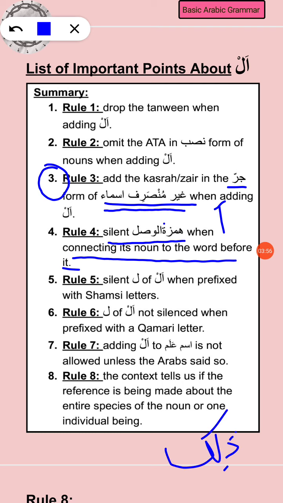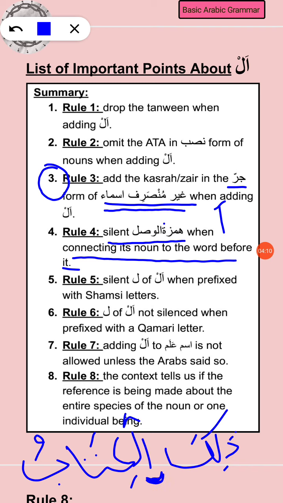In fact, our last lesson was about it, and we had studied some examples related to this. So it becomes zalikal kitabu, and over here this hamzatul wasl has been silenced because it needs to be connected to the word behind it. So this is rule number 4 that we know already.